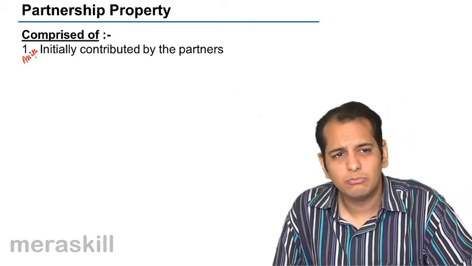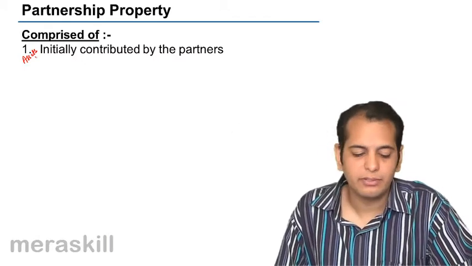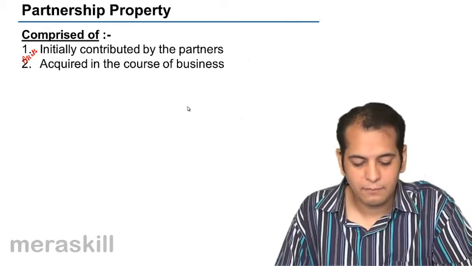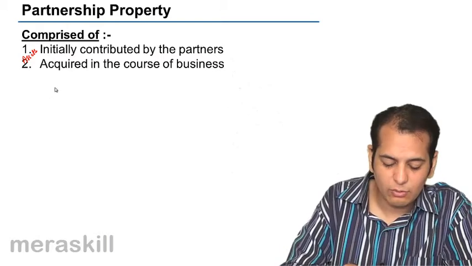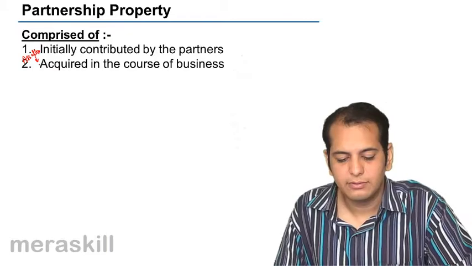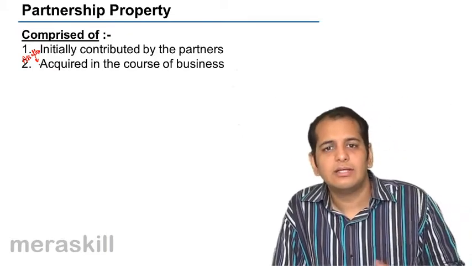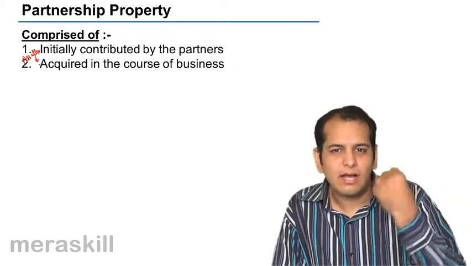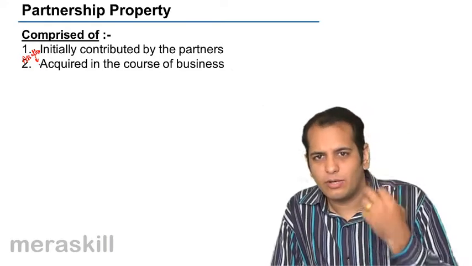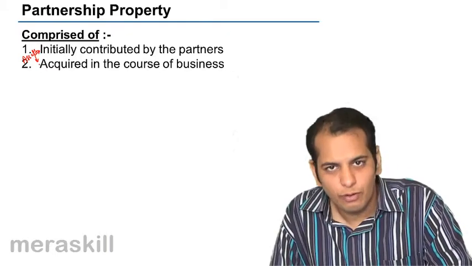Any money, capital, assets which are initially contributed by the partners become the firm's property, plus any assets acquired in the course of the business. Once the firm has started doing the business, and slowly and gradually it has acquired assets, it has acquired goods, it has acquired property, it has acquired machinery, it has acquired debtors, all this becomes the firm's property.